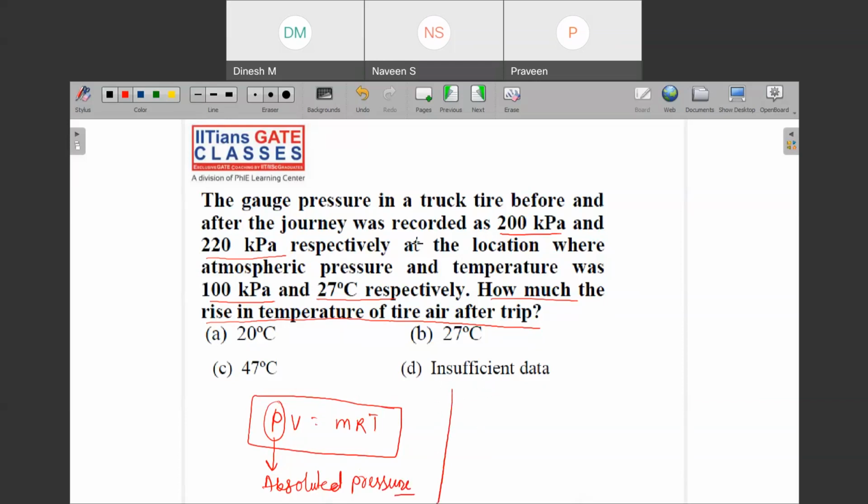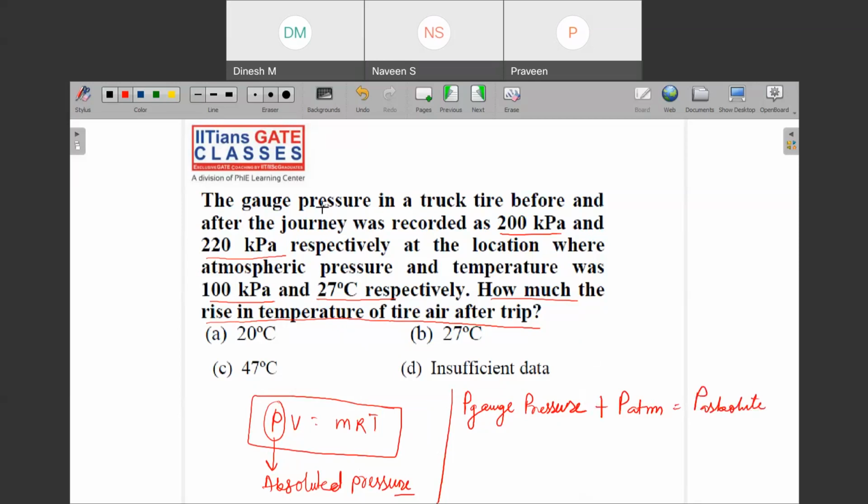That is why they have mentioned gauge pressure and atmospheric pressure individually. Absolute pressure is gauge pressure plus atmospheric pressure, P absolute.